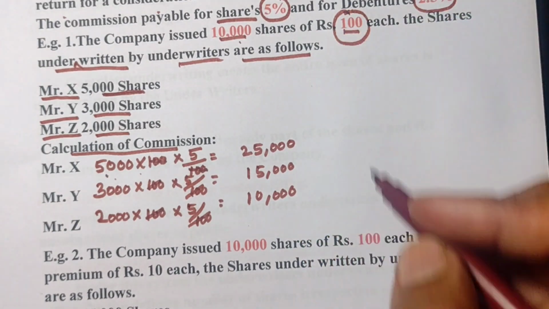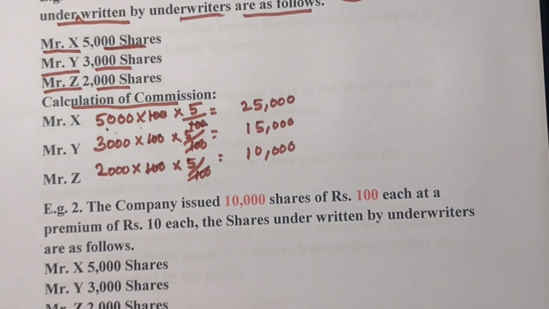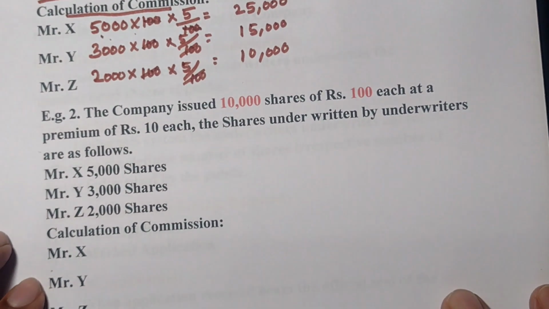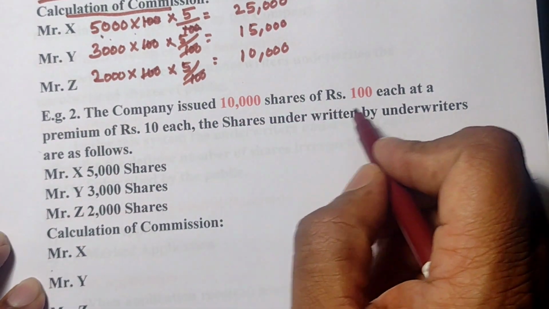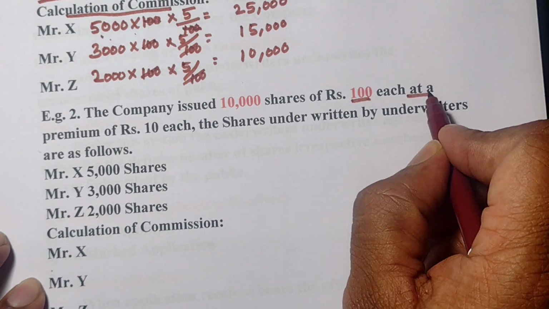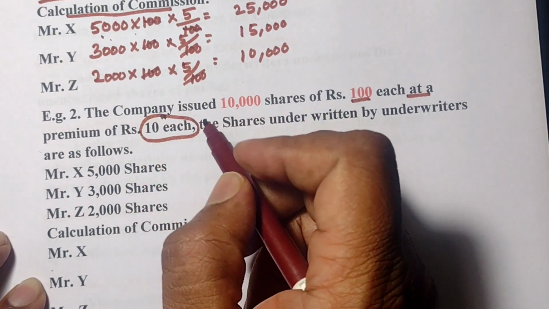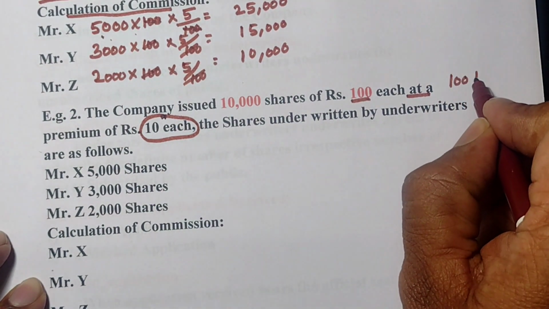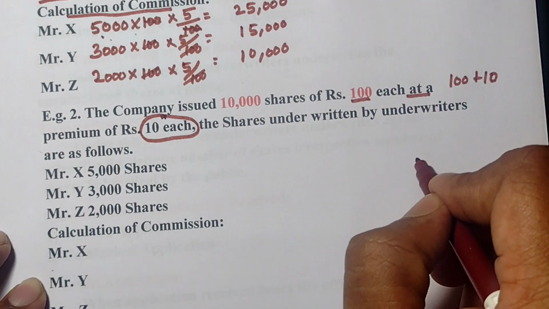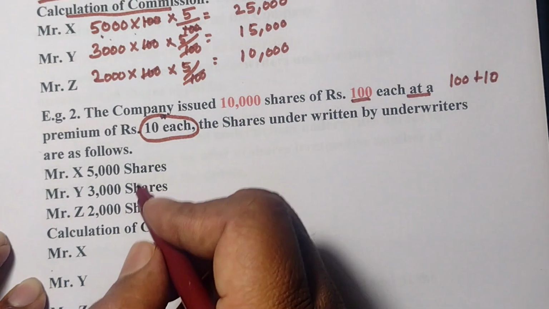But if the company issues the shares at a premium, let us see that as example number 2. The company issued 10,000 shares of ₹100 each at a premium of ₹10 each. It means the face value of the share is 100 rupees and it is collecting 10 rupees extra from the public. At that time, what amount of commission will be calculated? Very simple.